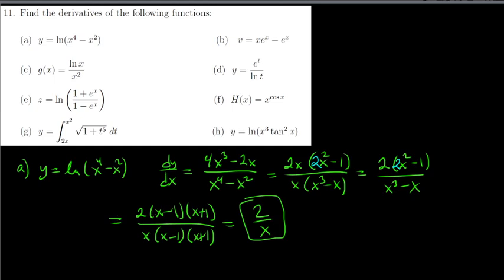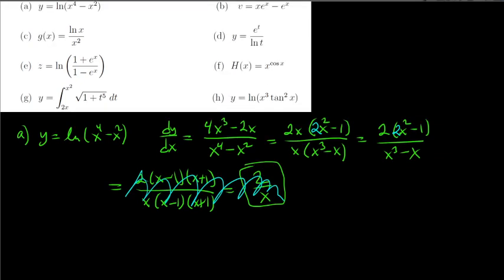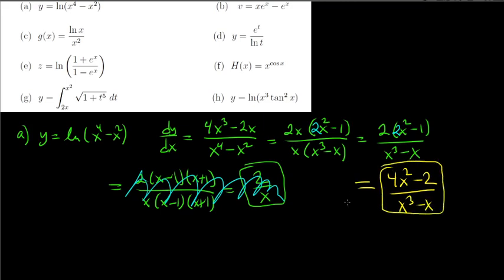Okay, so never mind. Yeah, in the end, I think we just have to leave it. So the answer is just 4x squared minus 2 over x cubed minus x, which is, yeah, that's the answer. All right. Sorry about that. Yep, if you miss the factor of 2, you get something that's not right.